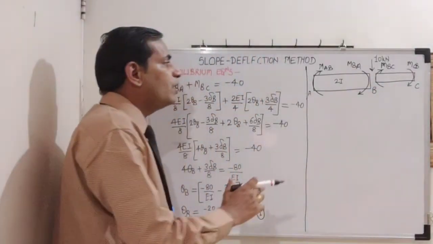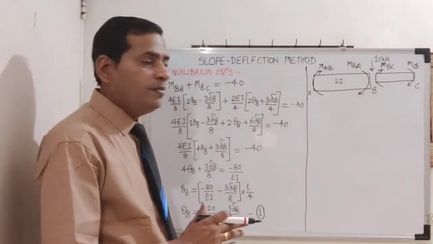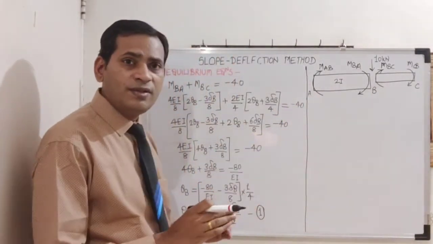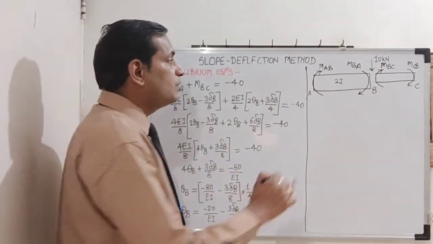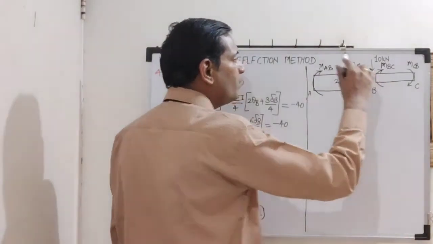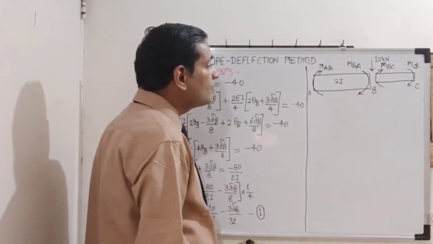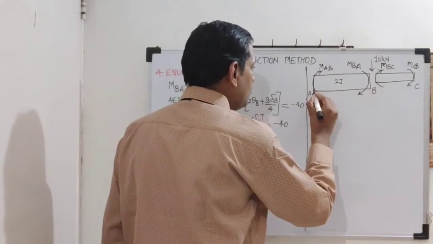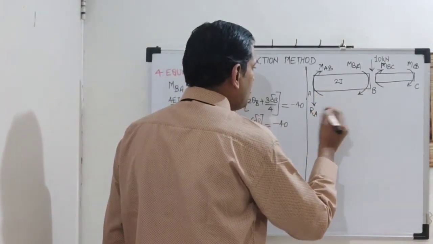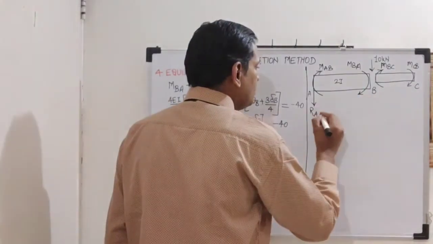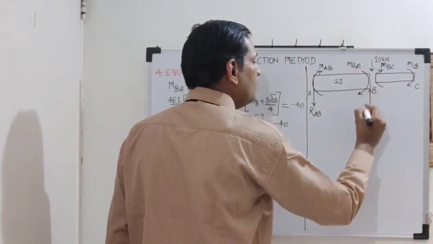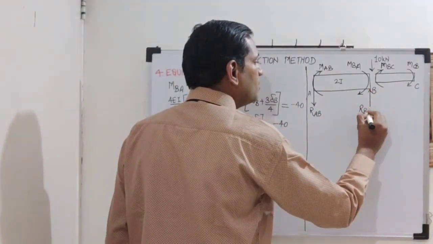So if we want part AB to be in equilibrium, reactions on A and B should be such that these reactions are causing opposite sense of movement. So if it is subjected to clockwise moment, reactions should be such that anti-clockwise moment is created by reactions. So we have this reaction RAB or RA. Let us say this is RAB just for reference, and this is RBA.